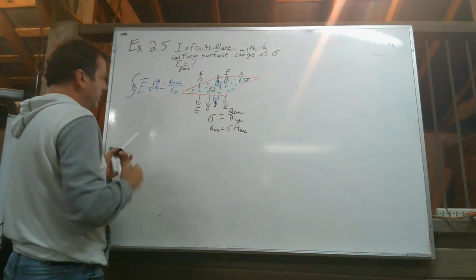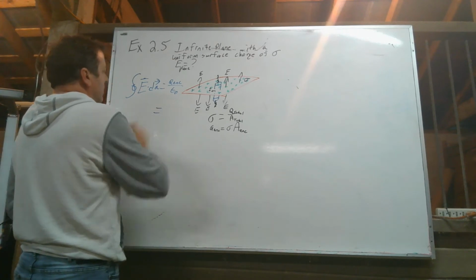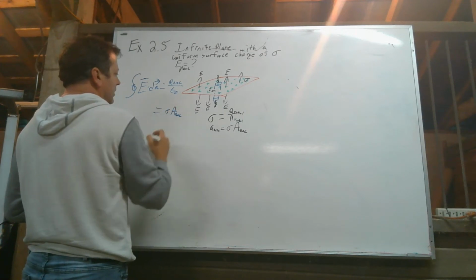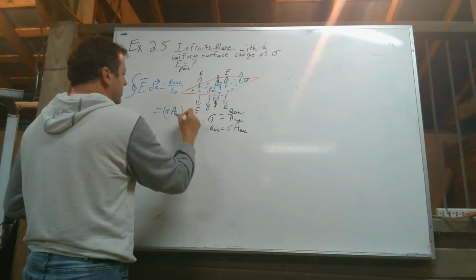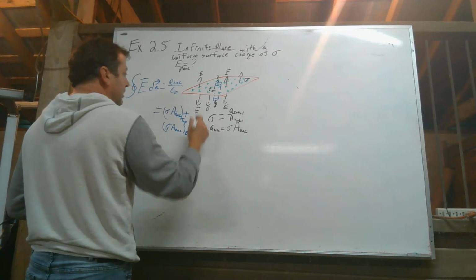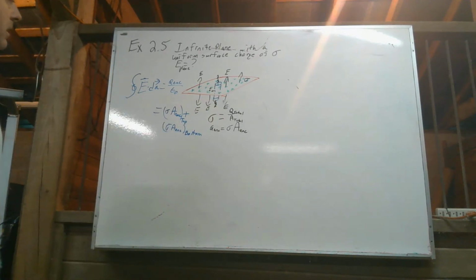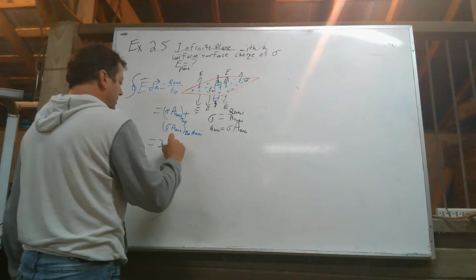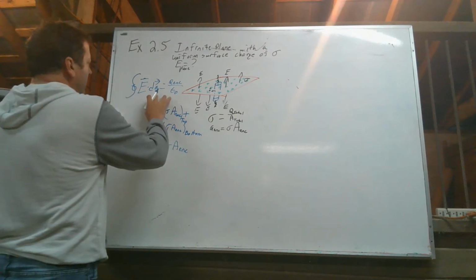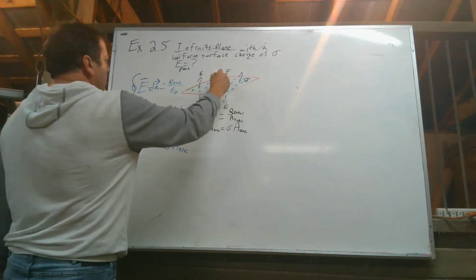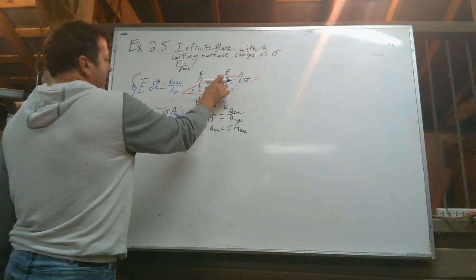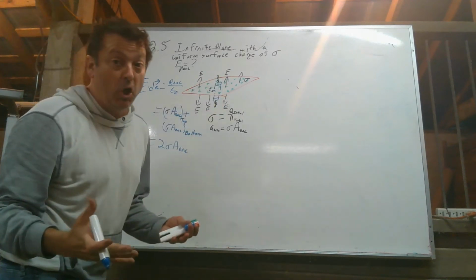So we can come over here. Q enclosed on the top surface is sigma A, and on the bottom surface as well, so that gives us 2 sigma area enclosed. For E dot dA, I know E here is up and the unit normal vector is up, and the area there is just the total area enclosed.